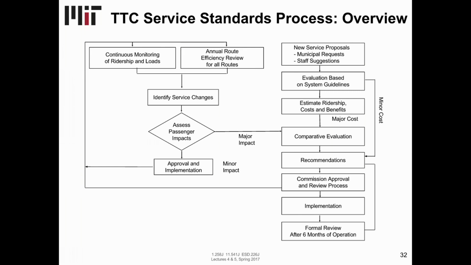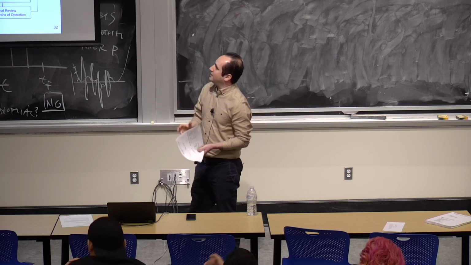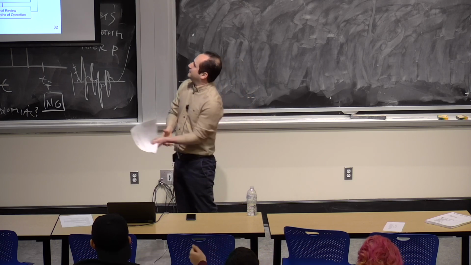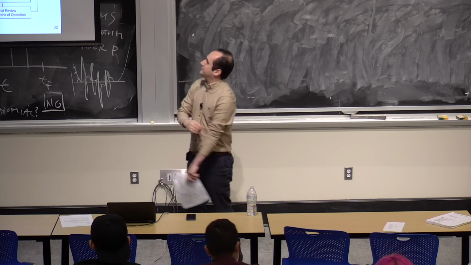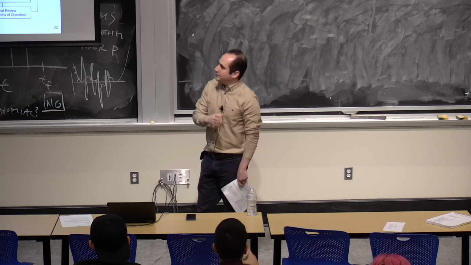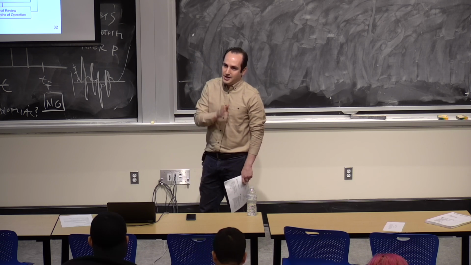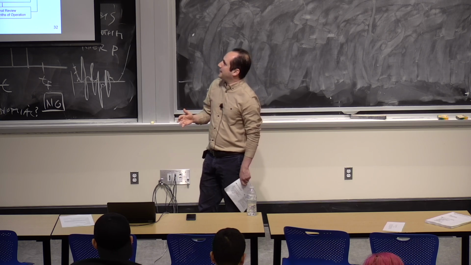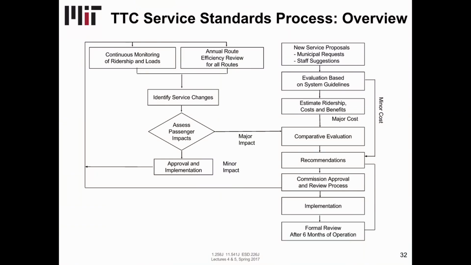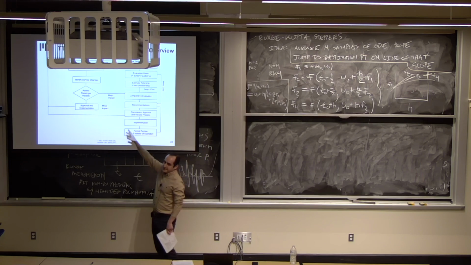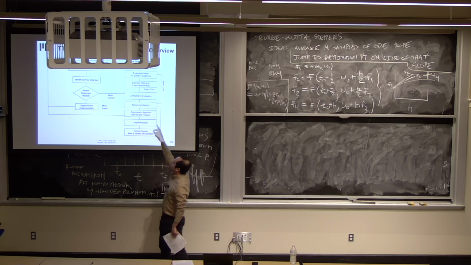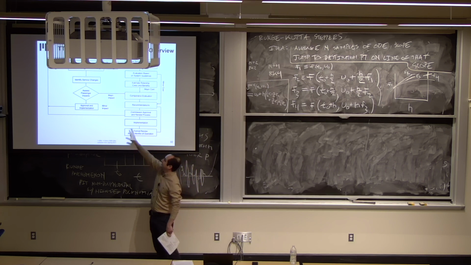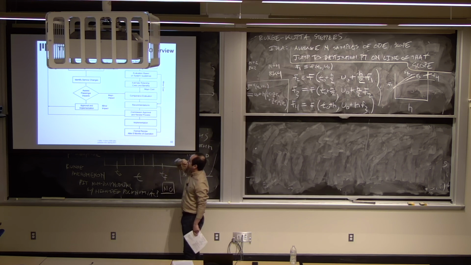Once you have a better sense of the benefits and costs and benefit cost measures of the project, there will be a comparative evaluation of alternative designs and proposals. At this stage, there will be another input from changes to the existing system that comes into the comparative evaluation, which we will get to in a minute.